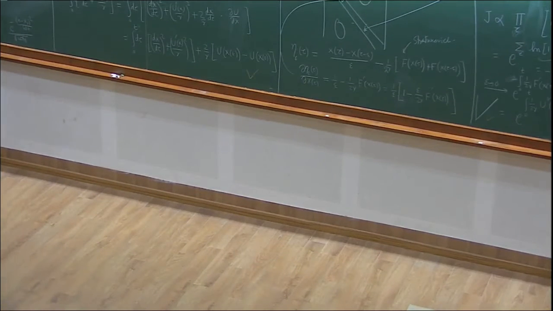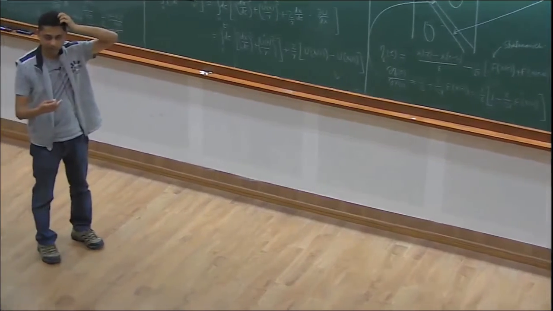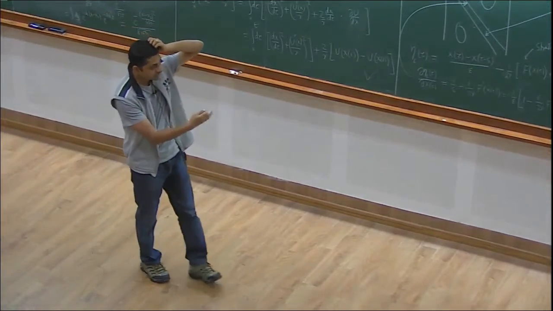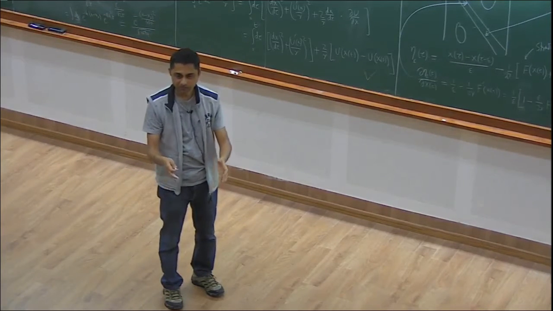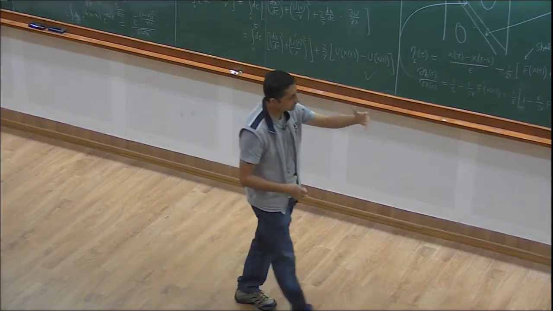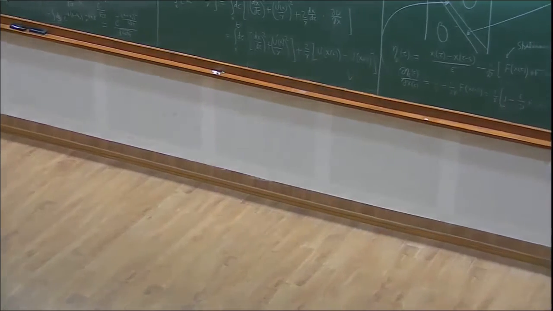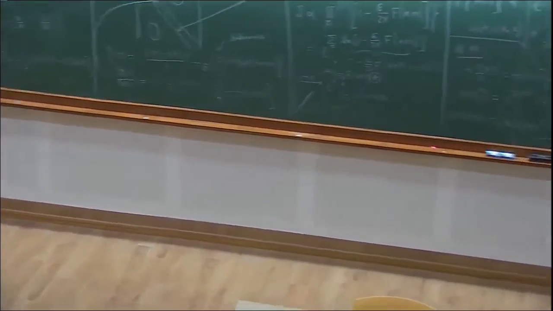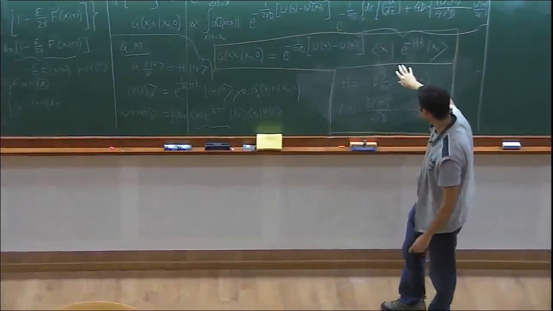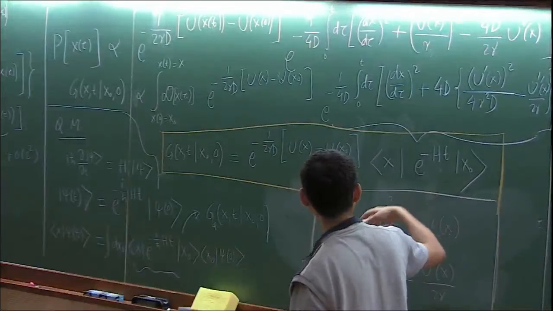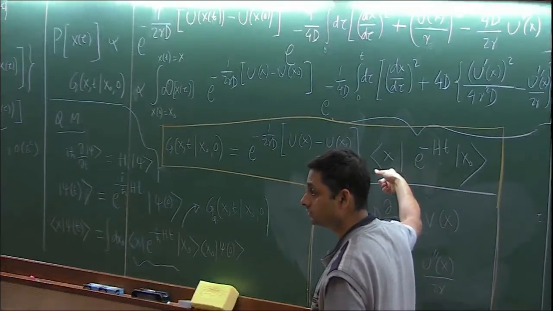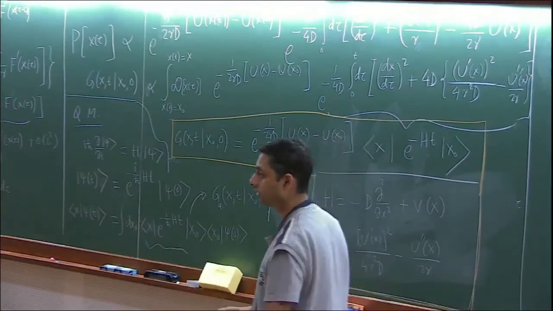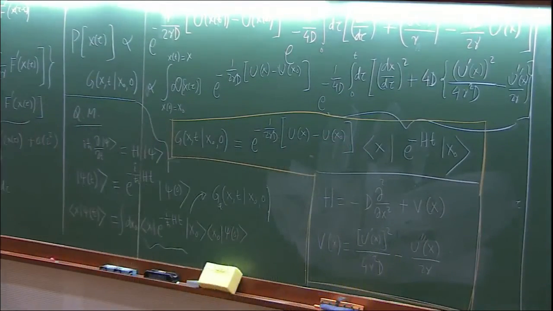Or sometimes, suppose you are doing a new problem. Sometimes it's easier to formulate the problem like this. Once you write down the equations, you have to solve them. So this is sometimes another way to write down the equation. Suppose you know that this is the Hamiltonian, then this one is basically the quantum propagator, the Green function for the Schrodinger equation.